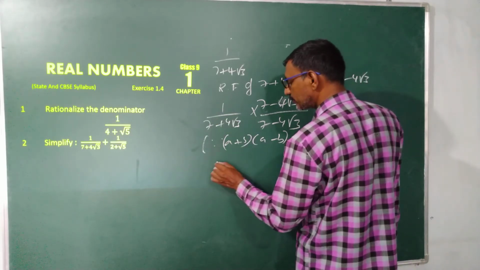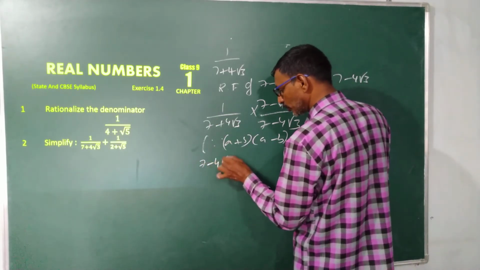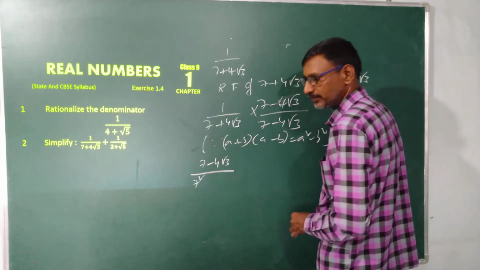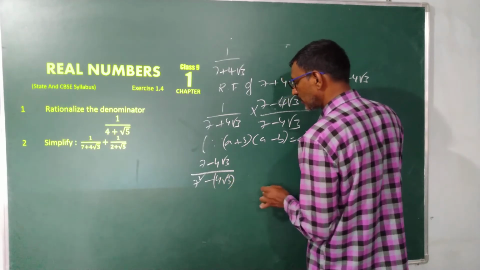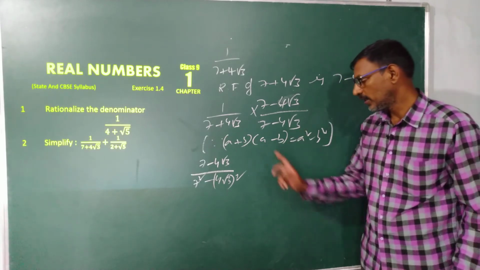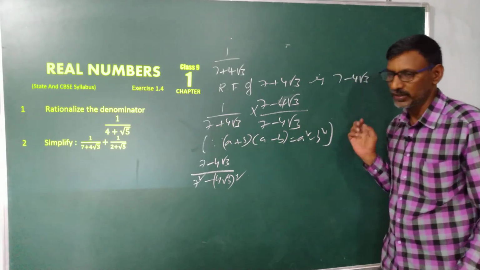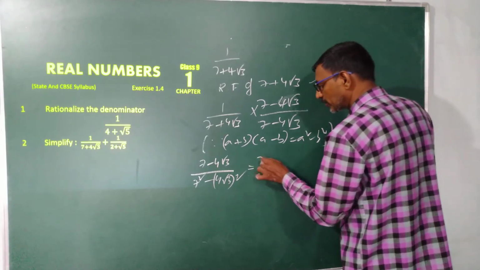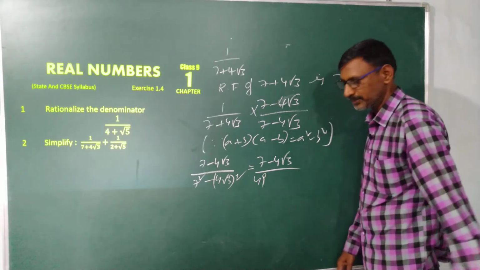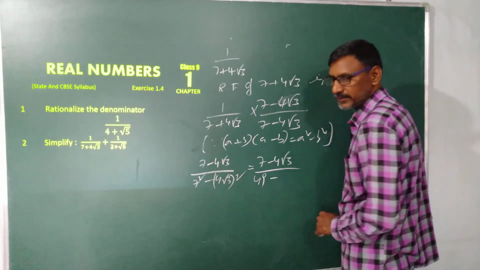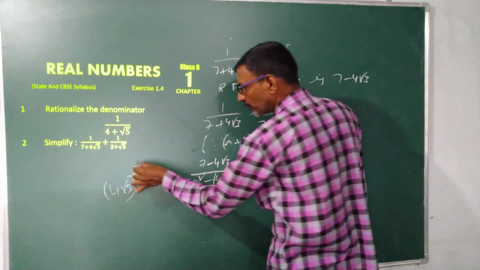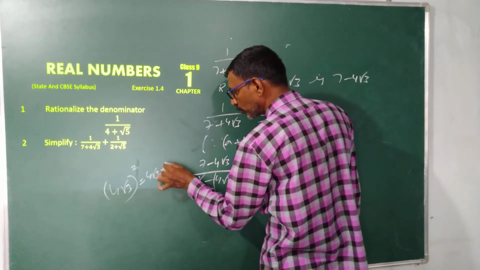Write it down. 7 minus 4 root 3 divided by a square, 7 square minus 4 root 3 whole square. My a is 7, my b is 4 root 3. a plus b into a minus b is equal to a square minus b square. That is equal to 7 minus 4 root 3 divided by 7 square, 49, minus 4 root 3 whole square. See here, this is very important. 4 root 3 whole square is nothing but 4 root 3 into 4 root 3.